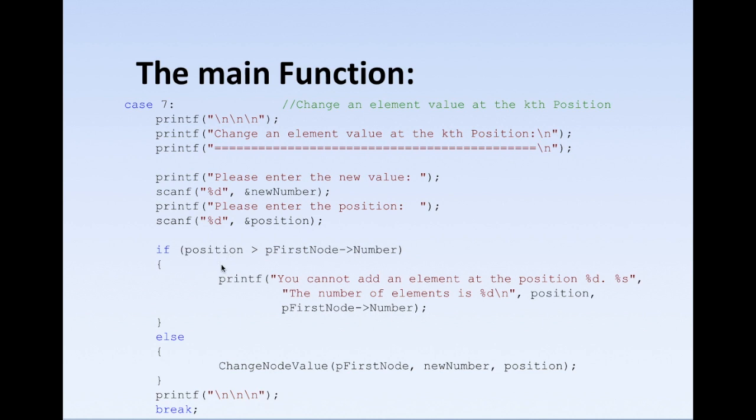If this position is greater than this number, we don't do anything. We don't actually change the value because that's not valid. So if it's not greater than this number, we go to else, and that's where we call function change node value. We give it P first node, which is your linked list, the new number, and the position.